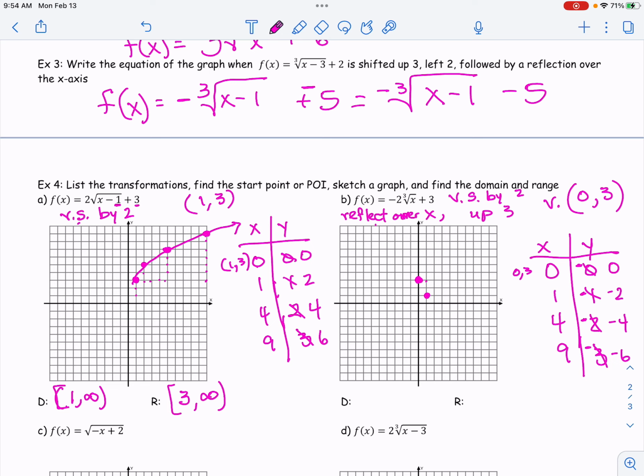I go right 4, down 4. I go right 9 and down 6. There is my graph. My domain would be from 0 to positive infinity. My range would be from negative infinity to 3.